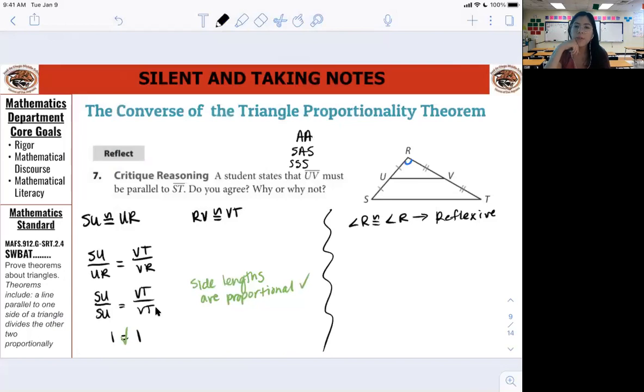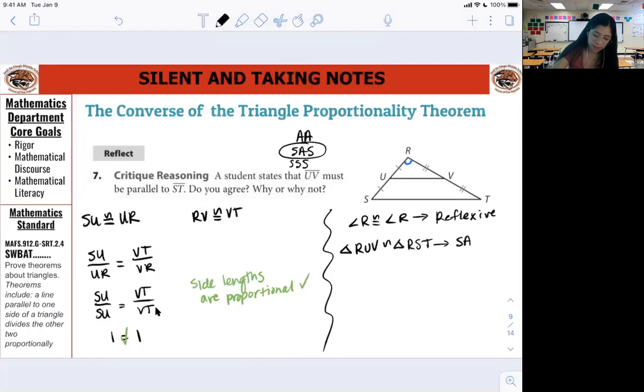Do I have any of those? Which one? SAS. Well, you do have SAS. So because of SAS, I know that triangle RUV is similar to triangle RST.